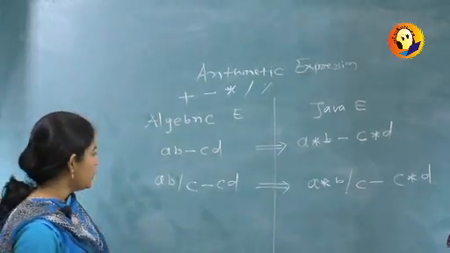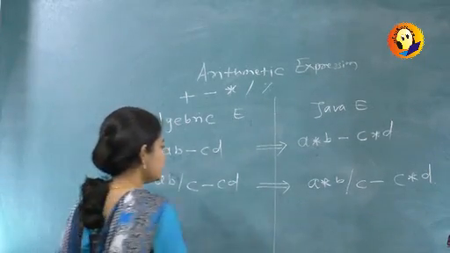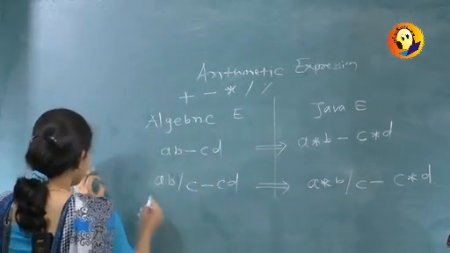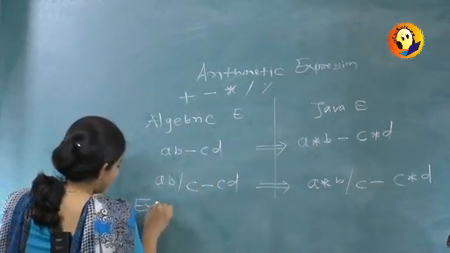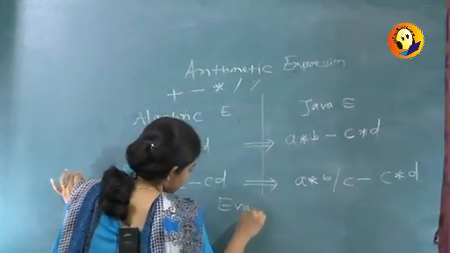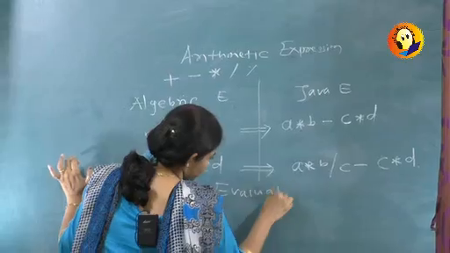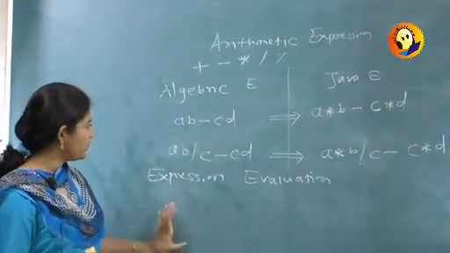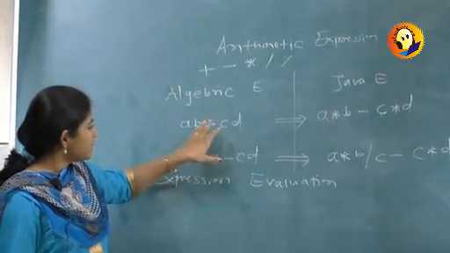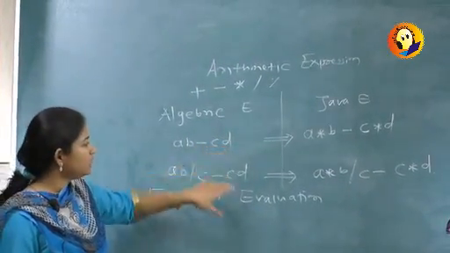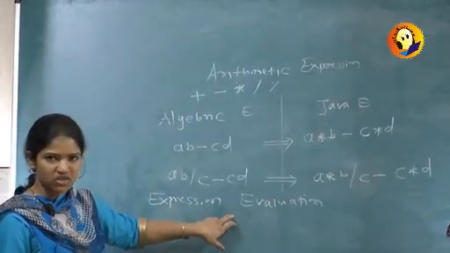Now the next point is how these expressions are evaluated. The next point is expression evaluation. Expression evaluation is a concept through which we assign an expression to a variable and compute the result of the expression.